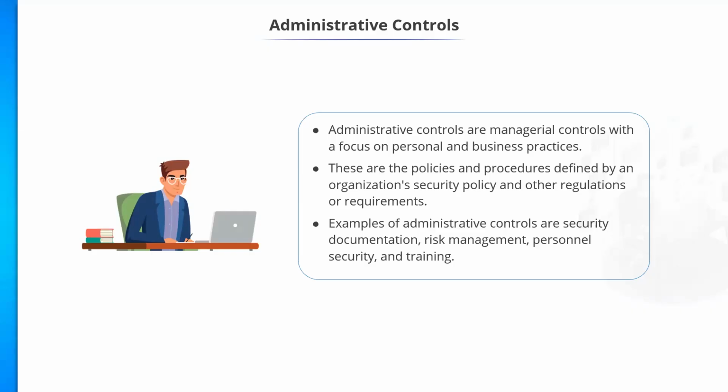So segregation of duties, job rotations, policies, and procedures are what you have in organizations. Then you have security awareness trainings conducted at regular intervals. That all comes under administrative control. We will cover that in detail.